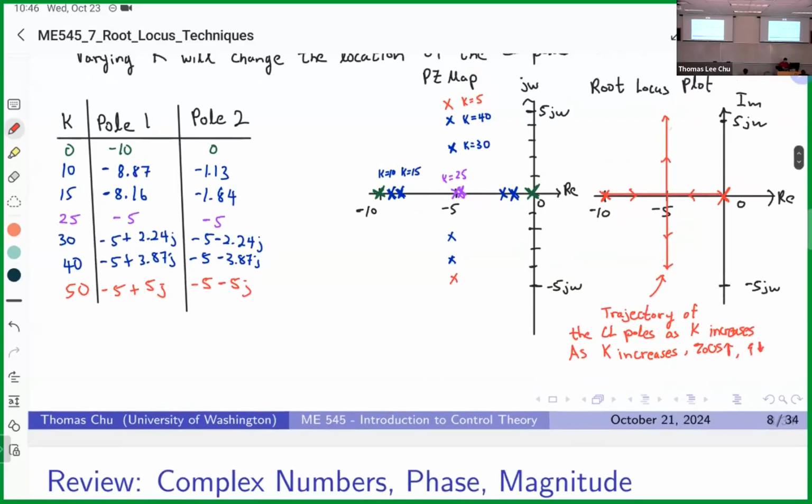And this just has to do with the fact that the imaginary part of the poles is related to the damped frequency, which is equal to omega n multiplied by the square root of 1 minus zeta squared. And on the real axis, it's going to be minus omega n times zeta.